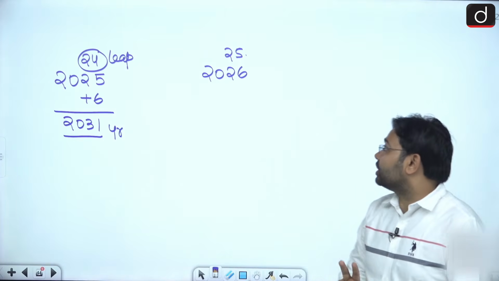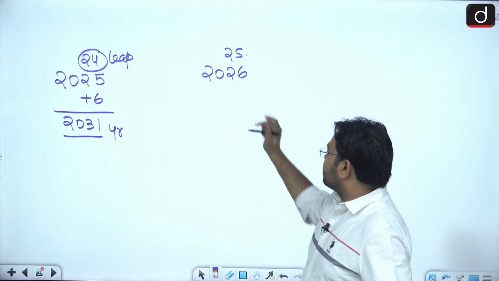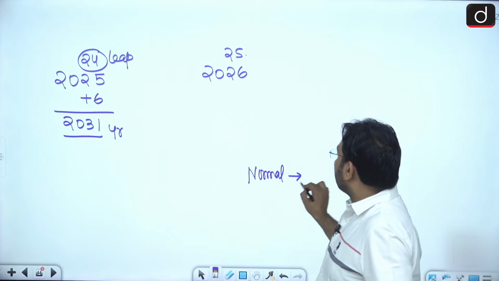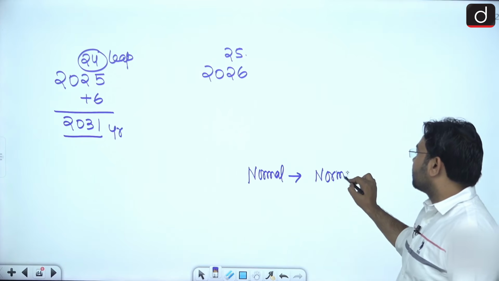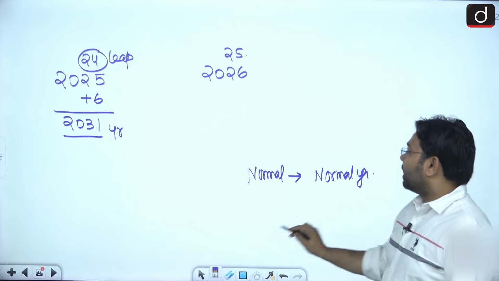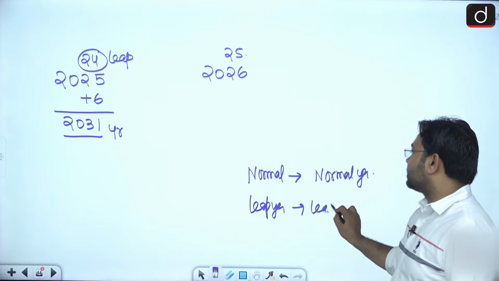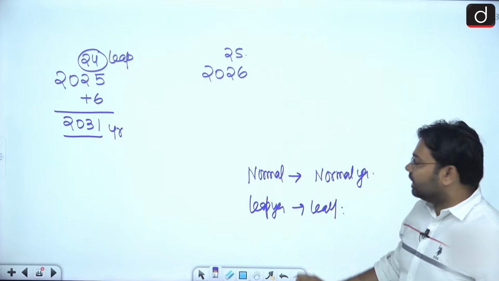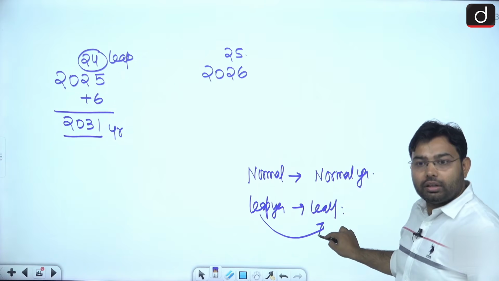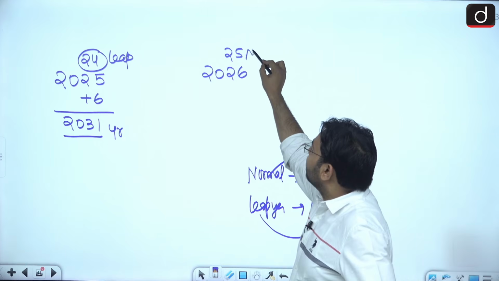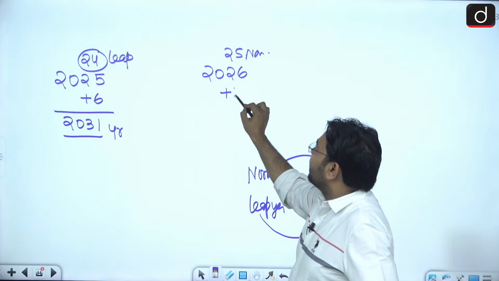The two cases you need to remember: the calendar for a normal year is the same as a normal year and the calendar for a leap year is the same as a leap year. Leap year will repeat with leap year and normal year with normal year. This is a normal year, so you need to add 11 in this.